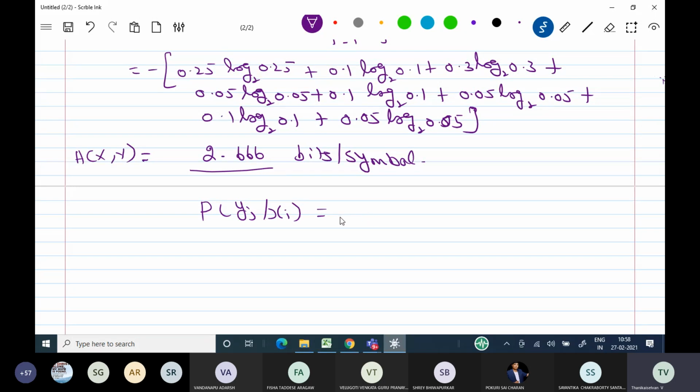One of you please calculate this probability of yj given xi. Tell me the conditional probability matrix. What is the formula for this?